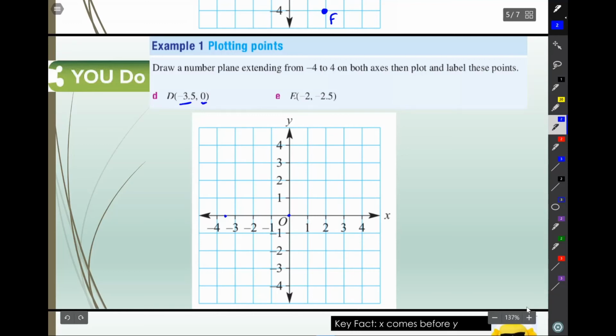And we actually don't have to climb anywhere, so that is point D. Now for point E, we're crawling -2, and we're climbing -2.5. 1, 2.5. So our point E is here.